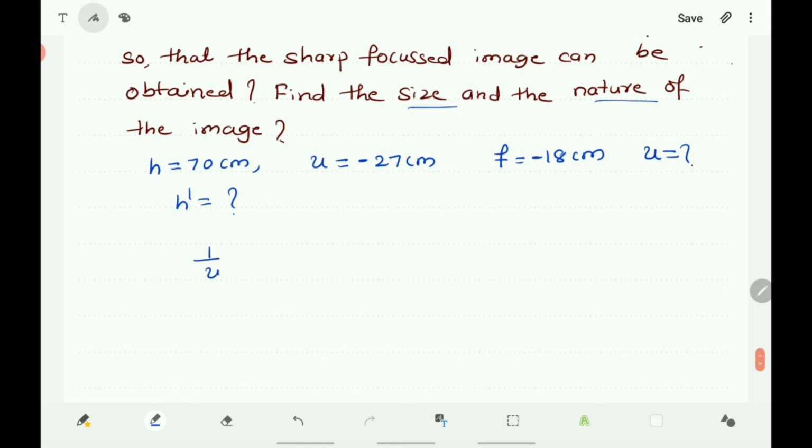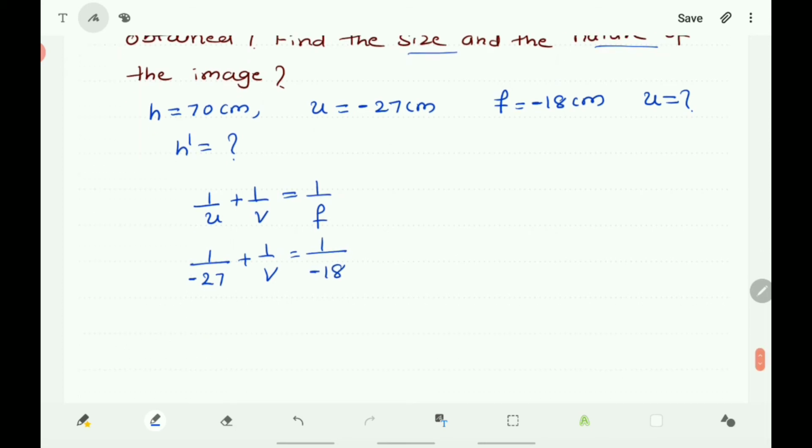Use the mirror formula: 1 by u plus 1 by v is equal to 1 by f. 1 by u, that is minus 27, plus 1 by v is equal to 1 by f, that is minus 1 by 18.